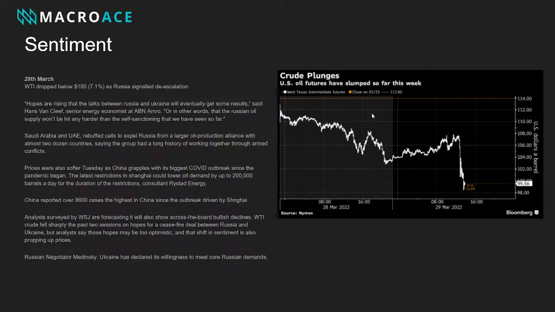That's the reaction that we had seen yesterday. Of course, that has reversed today and over last night as well, where we're seeing WTI crude oil back up at around $108 a barrel after that initial move towards the downside yesterday, or that plunge.